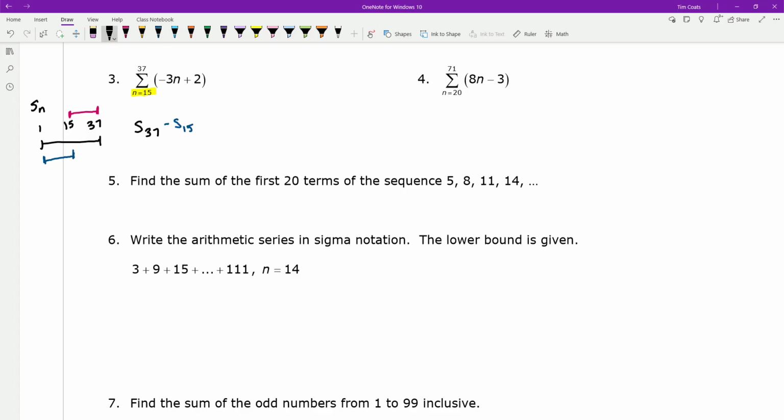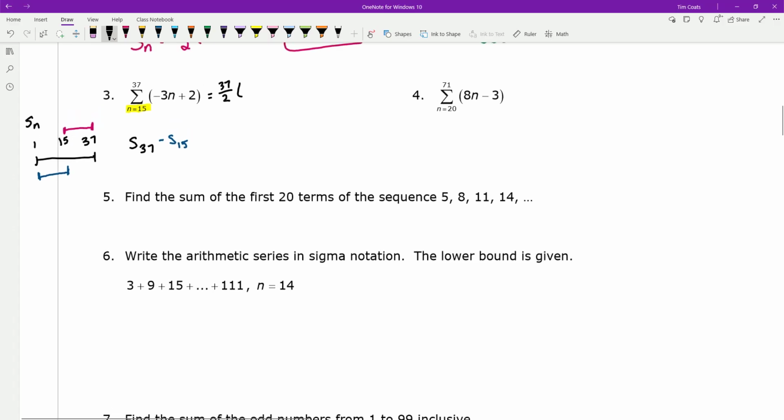So if we have this, and I'm going to write this part here, this is going to look like for us 37 divided by 2. Well, I don't know what the first term here is. Well, how could we figure that out, right? Well, if we plug in 1 to our equation, A of 1, that would be negative 3 times 1 plus 2, which is negative 1, right?